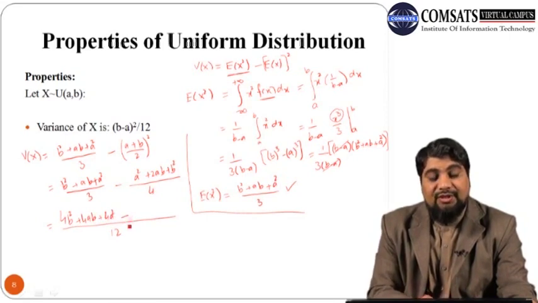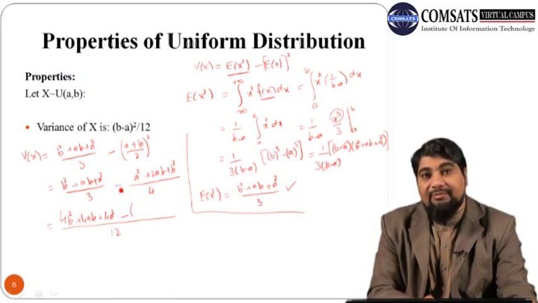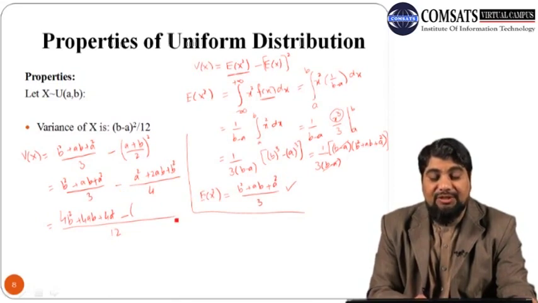So 3 times 4 is 12; multiply by 4, so it is 4b square plus 4ab plus 4a square, minus; and 4 times 3 is 12, so multiply 3 with each of these three terms. Remember that here we have a negative sign, so you have to be careful, so I am writing this expression within parentheses: 3a square plus 6ab plus 3b square.